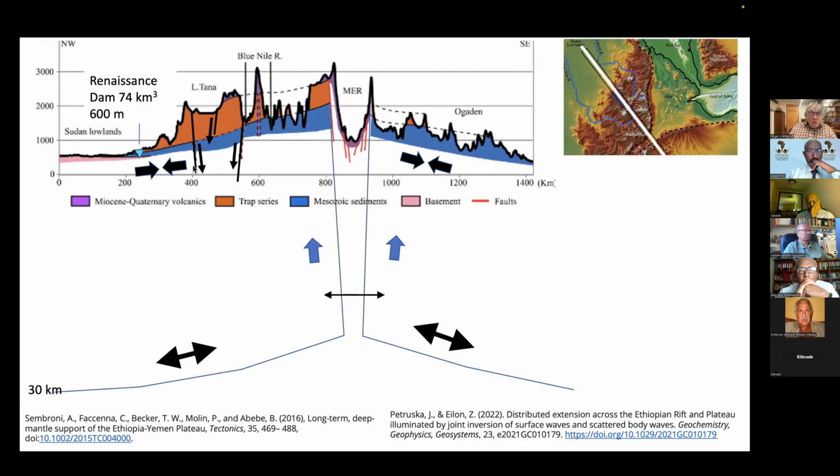And just before we move on from that simple concept, notice how high they are. This dome raised the level of the land from roughly 500 meters to higher than 3 kilometers.